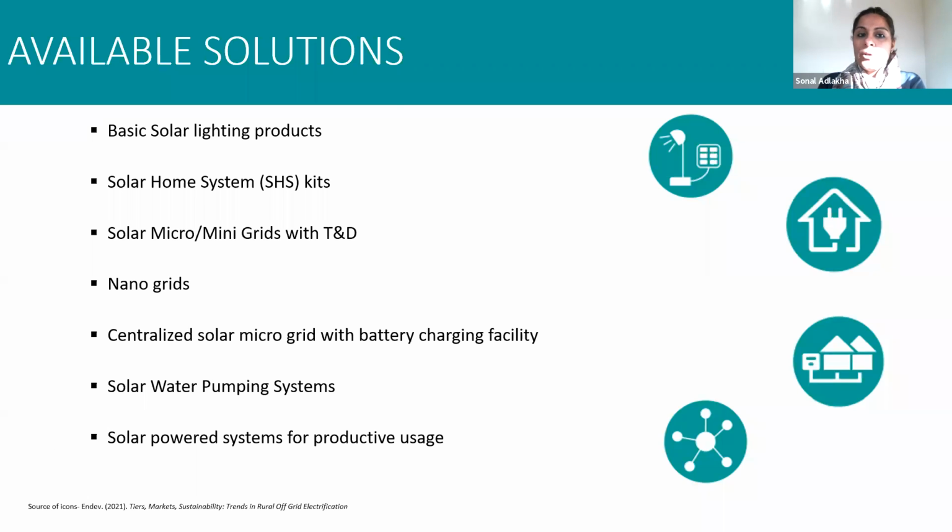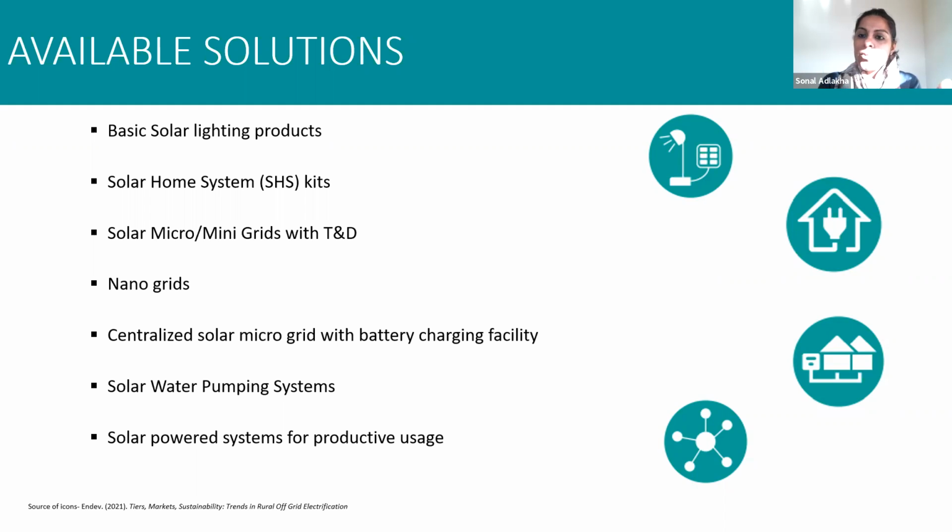Now, what are the available solutions? There are quite a few solutions available in the market, based on the energy ladder. There are certain basic users of electricity, people who are at the lowest level of the ladder, who just need a light or a mobile charging point. And then you have solar home kits, nano grids, solar microgrids, mini grids, and then you go further and increase the size of these grids. Along with these, you have certain products which are used for productive usage, so that there is an indirect impact on livelihood.